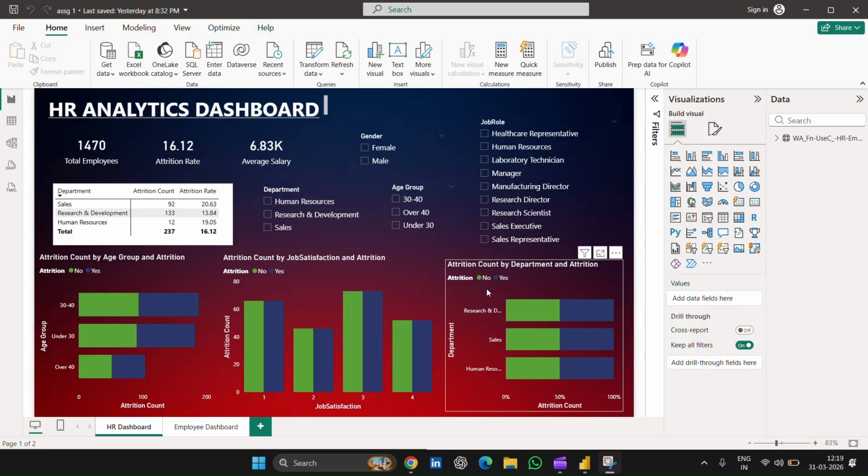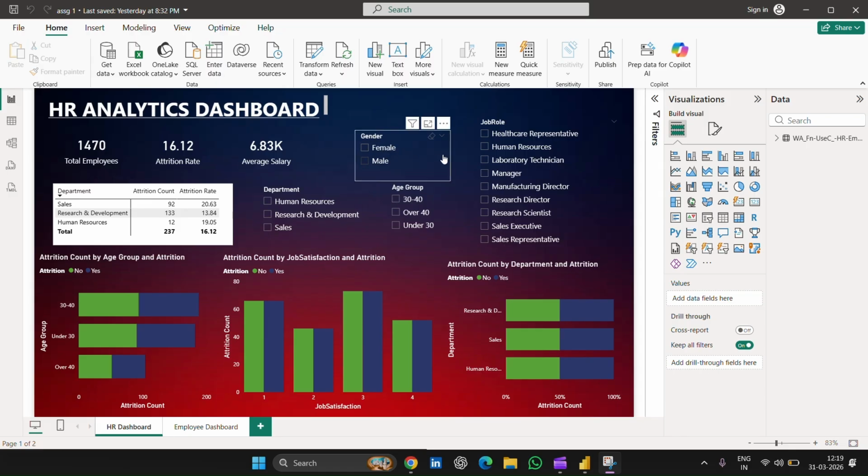And the third chart is attrition by department. This chart visually compares attrition across the different departments. R&D and sales show higher attrition levels, whereas the HR department remains relatively stable. So this reinforces the earlier observations and also helps in quick visual understanding for decision makers.